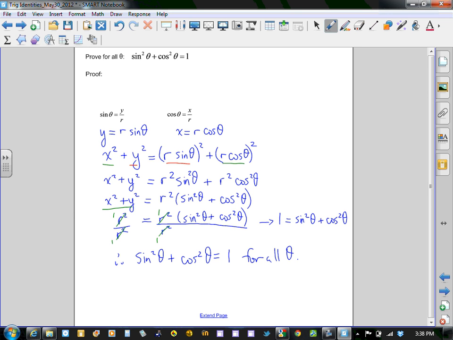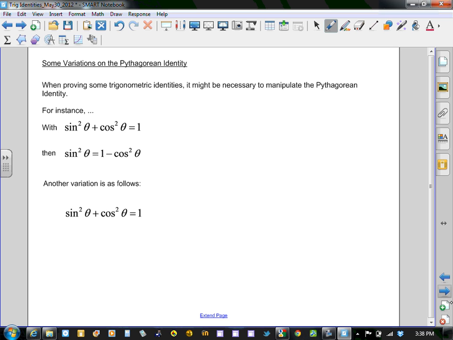Last but not least, before we see some examples in tomorrow's class, we should look at some variations on this identity. Okay? So for instance, given that we've proven this, it also makes sense that we can isolate the sine squared theta term by subtracting cosine squared theta from both sides. So we now have an equivalent expression for sine squared theta that we could use when proving identities.